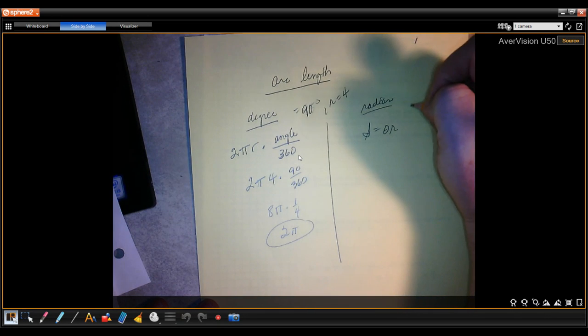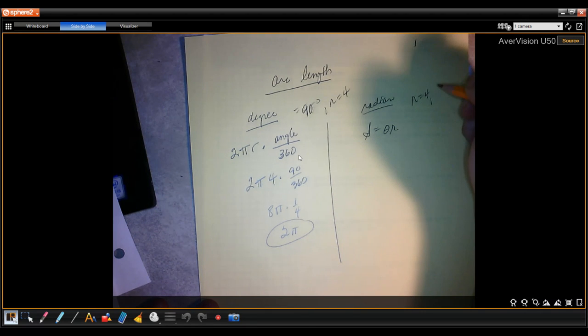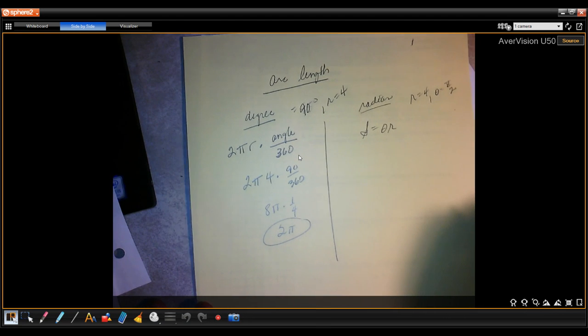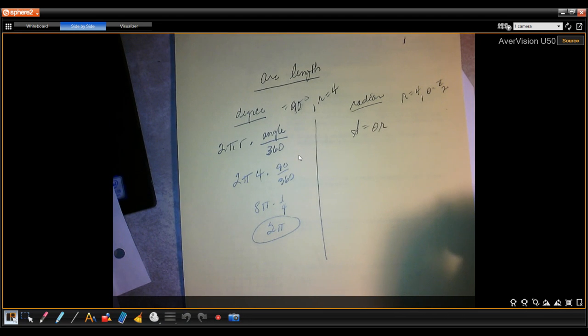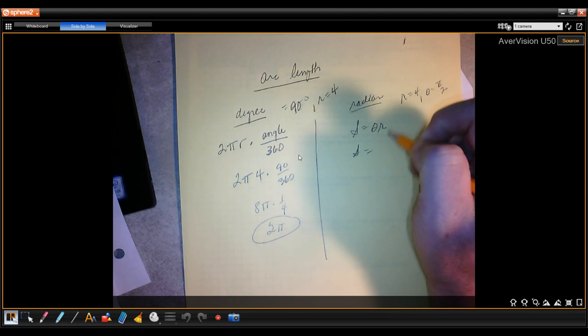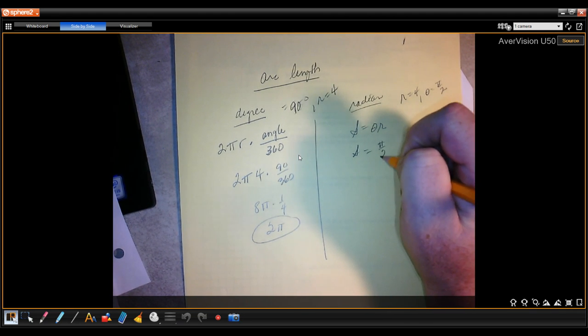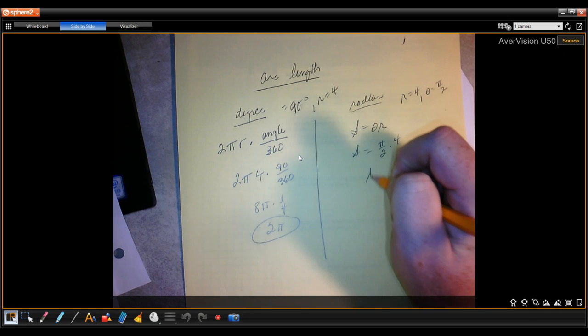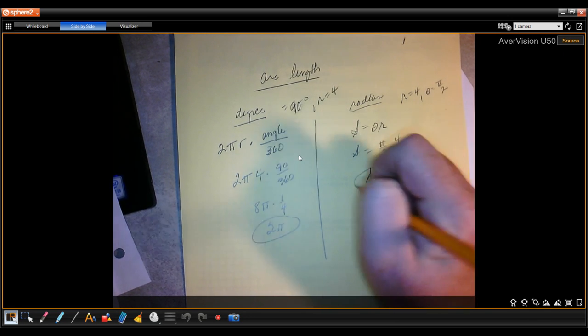Let's give you the same thing. Radius is 4. Well, then they're going to say the radian theta is pi halves, because pi halves, you look at yesterday's notes, is equivalent to 90 degrees. So arc length is equal to theta times 4, which is 2 pi.